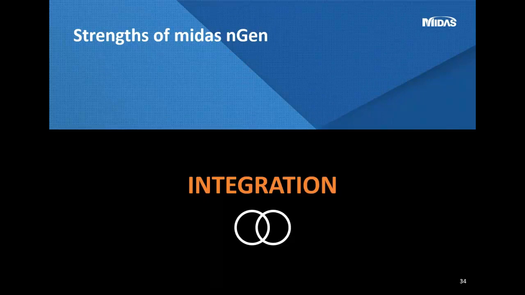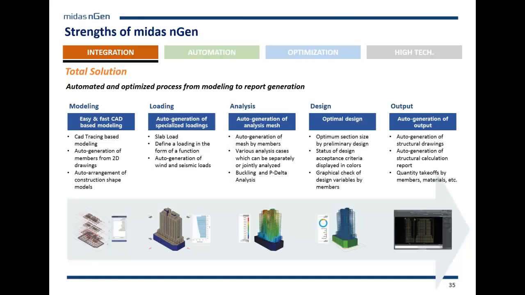So in this way, we have integrated CAD as well as CAE into our procedure, and we have done the automation and optimization of processes. We have performed the modeling and report generation of the entire structure in a very short period of time.